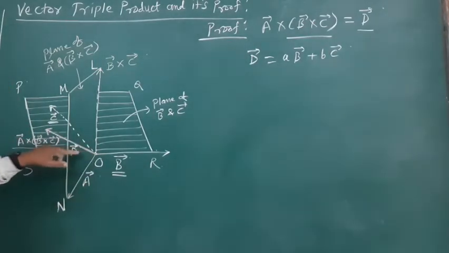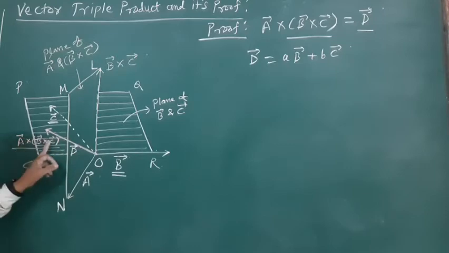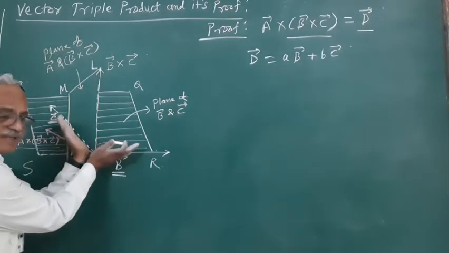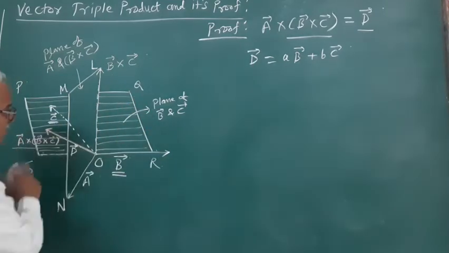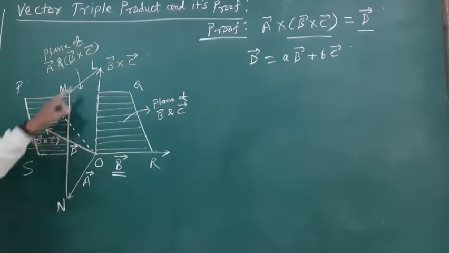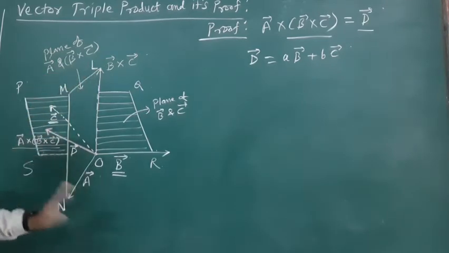And the vector D bar, that is A bar cross B bar cross C bar, lies in the plane of B bar and C bar, that is in the plane PQRS, and the vector A bar lies in the plane LMNO.